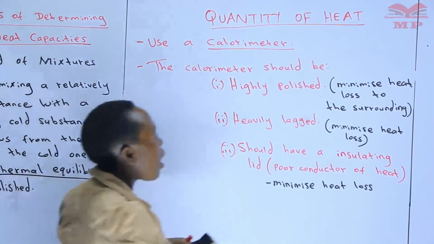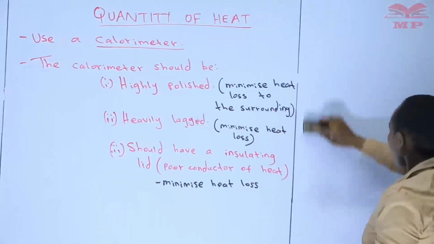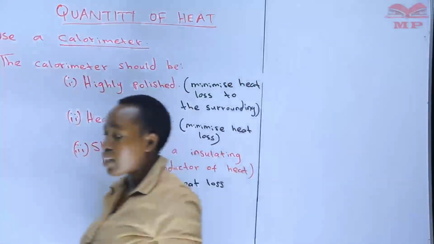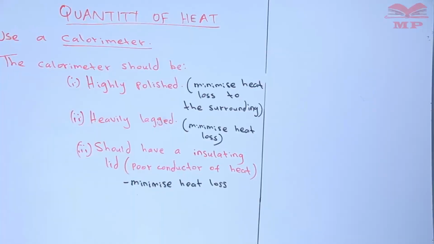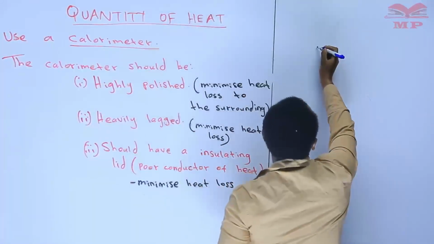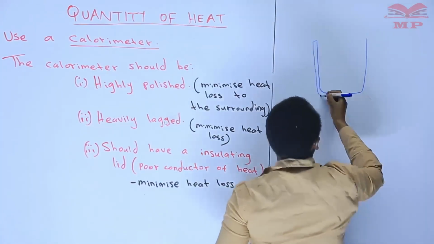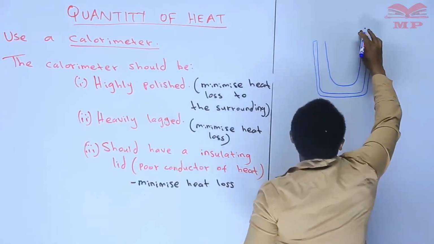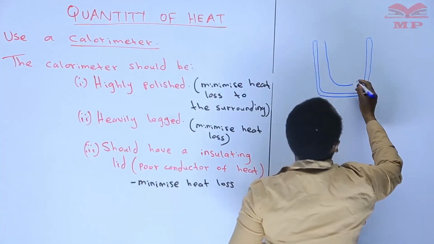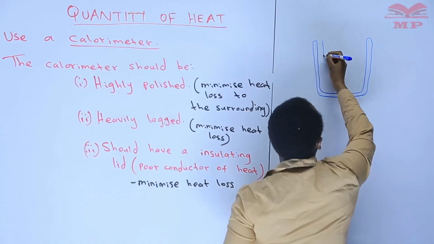So this is how our calorimeter looks, and this is what we refer to as a calorimeter. It's not a complex instrument. It can be a copper calorimeter. It can also be made of aluminium, like mostly the ones we use in the laboratories.